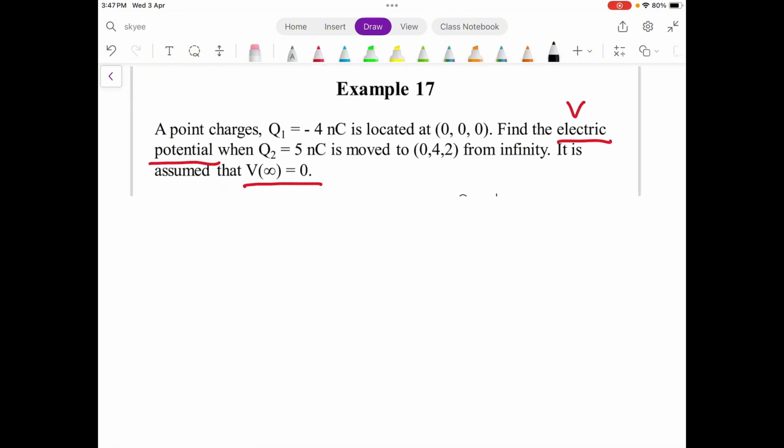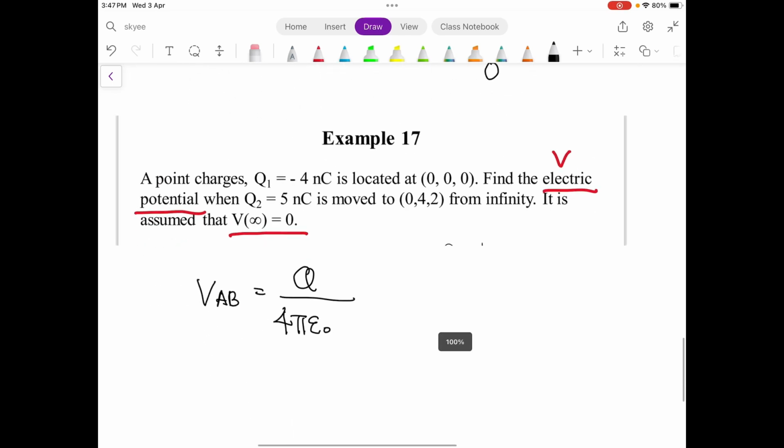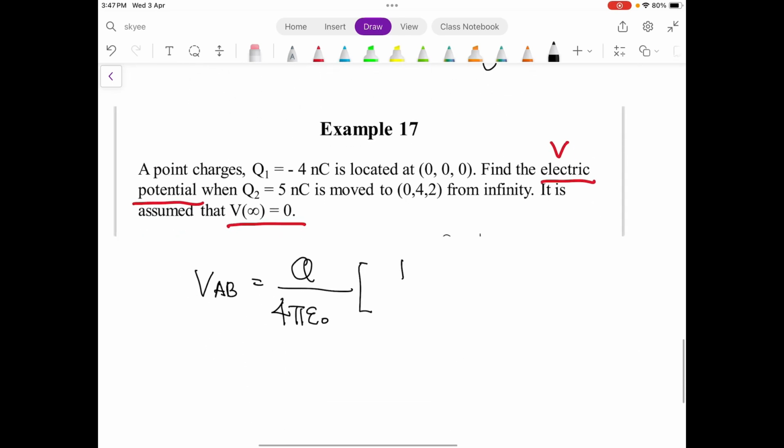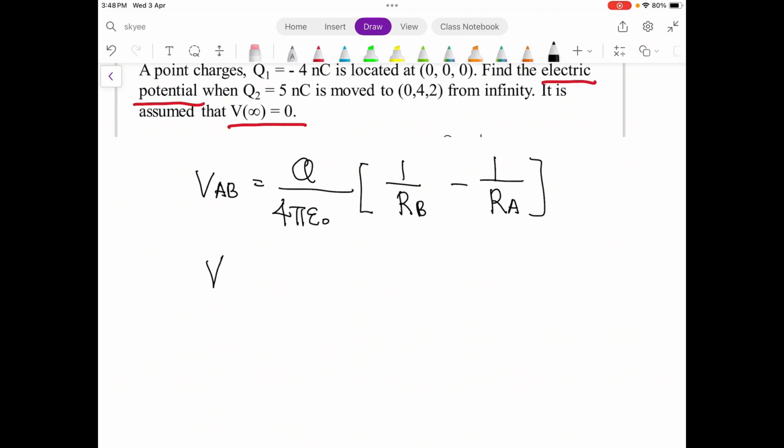So the VAB is equal to Q over 4 pi epsilon naught, and then you have the RB and you have the RA. So this VAB is equal to VB minus VA.